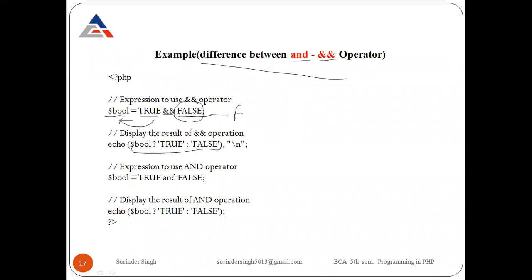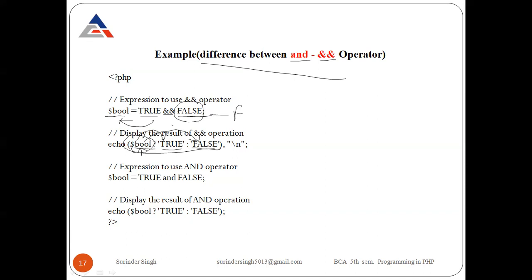Here, as you learned in C programming, this is expression 1, expression 2, and expression 3. The first expression is the conditional expression. In the first expression, we provide some condition, and on the basis of the result of that condition, if the condition is true, then expression 2 will be executed. But if the condition is false, then expression 3 will be executed.